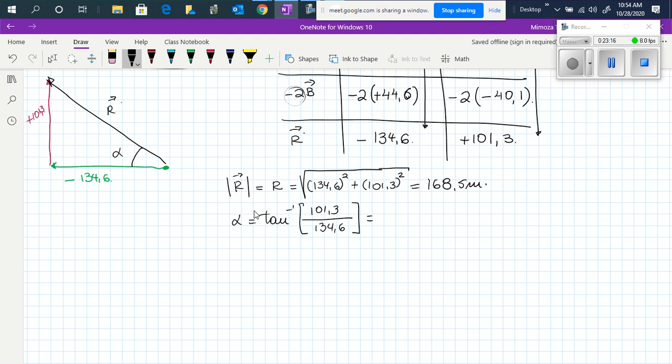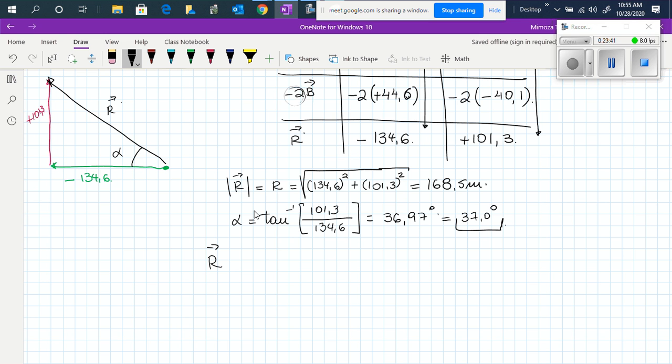So I don't need to use the sign of the vector or the sign of the components because I know that the vector is in between north and west. And this will be 36.97 degrees, or we can say easily 37 degrees.